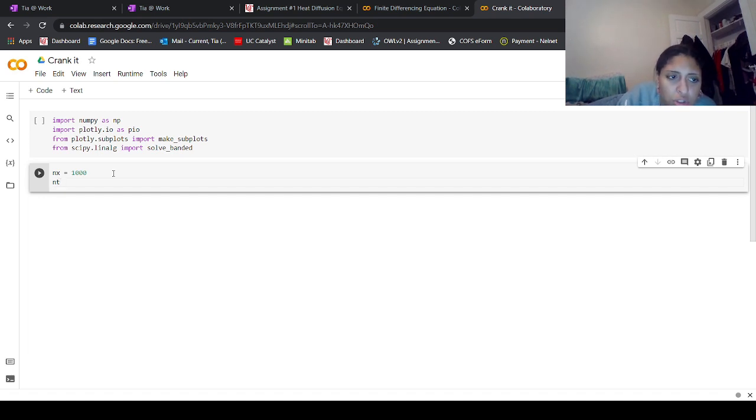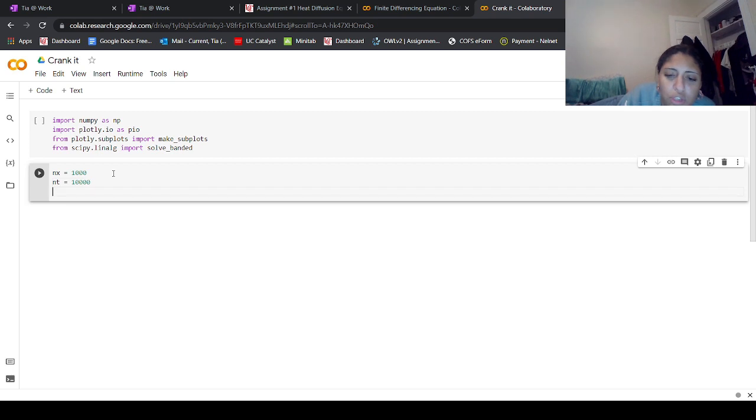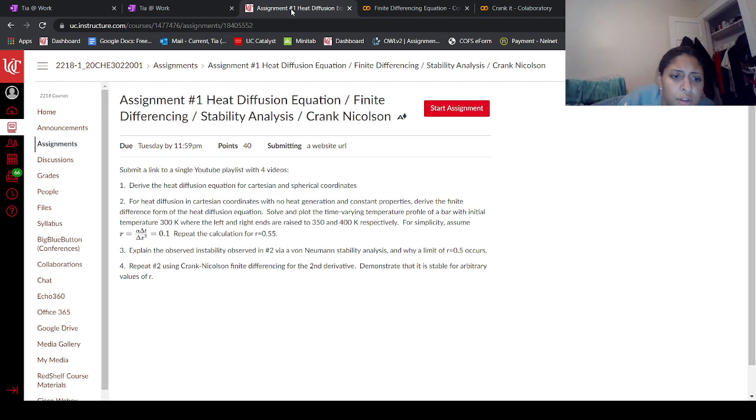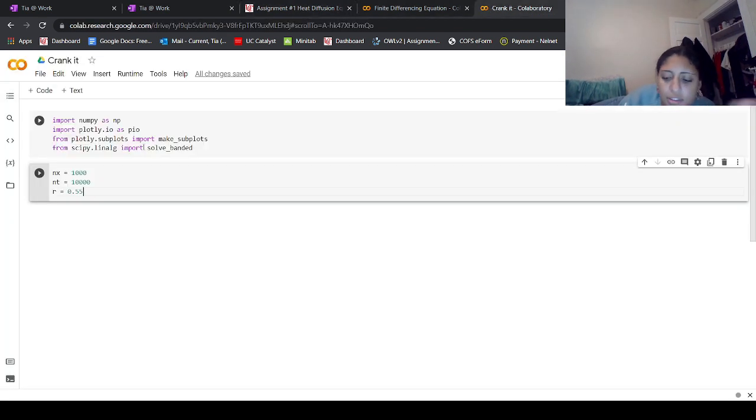NT, I'm just gonna put 10,000. And we'll see how that works out. So for R, we want it to equal something greater than 0.5. So let's use the 0.55 that we had earlier, right? It was 0.55. Yes. Genius.